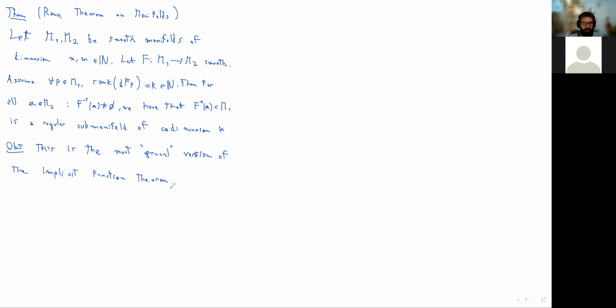The idea is that there are a lot of theorems in this flavor, which I believe you know and you studied a lot already. So you have the implicit function theorem, the inverse function theorem, this rank theorem, and I believe this expression here is the one that is going to be more useful to us in the future.